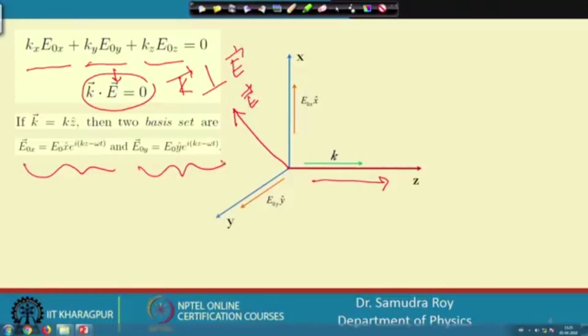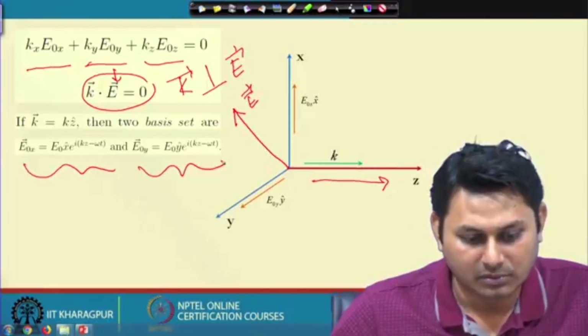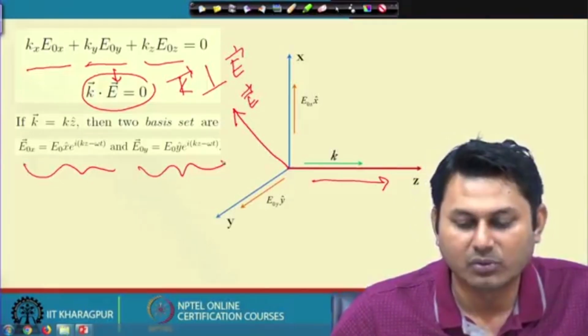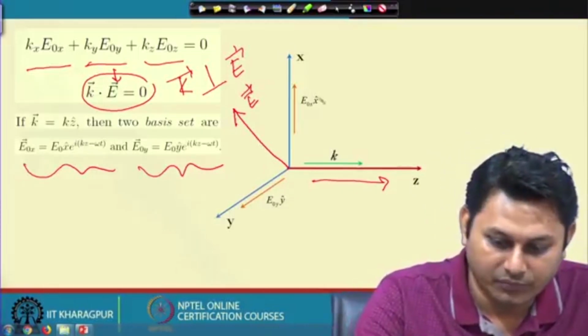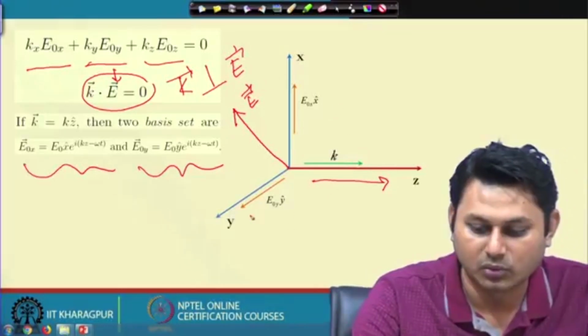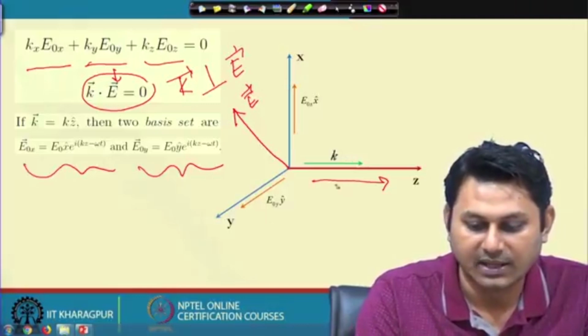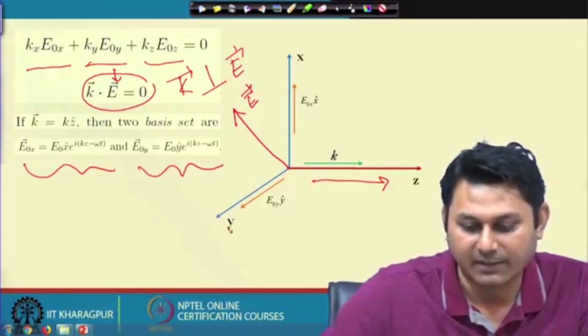So, once k is given to me, I can understand that E is perpendicular to the vector k. So, there are an infinite number of possibilities, because E can be anywhere in this y z plane.